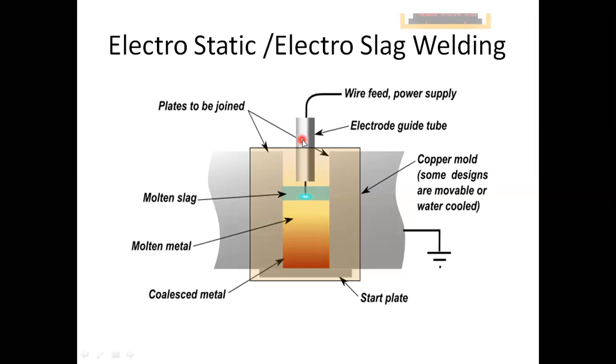Today we are just saying which types of resistance welding there are: spot welding, seam welding, projection welding, butt welding, flash welding, and another welding, percussion welding. I will explain this resistance welding one by one. It will help you in your future.